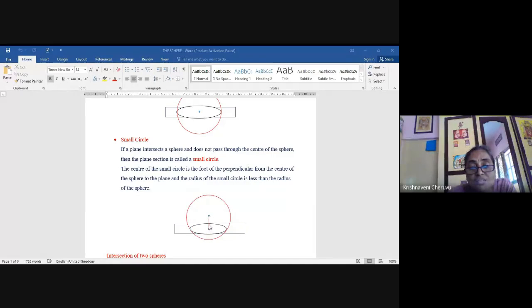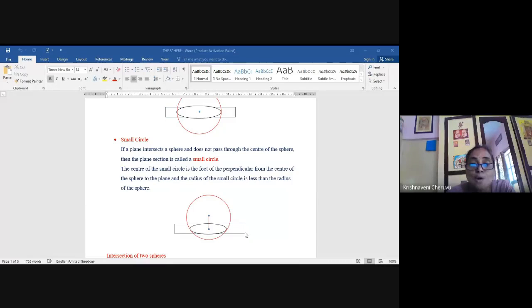This is actually the length of the perpendicular from the center of the sphere to the plane, or you can say this point, which is the center of this circle, is the foot of this perpendicular drawn from the center of the sphere to the plane. I repeat, girls, the center of the circle here is nothing but the foot of the perpendicular drawn from the center of the sphere to the plane.